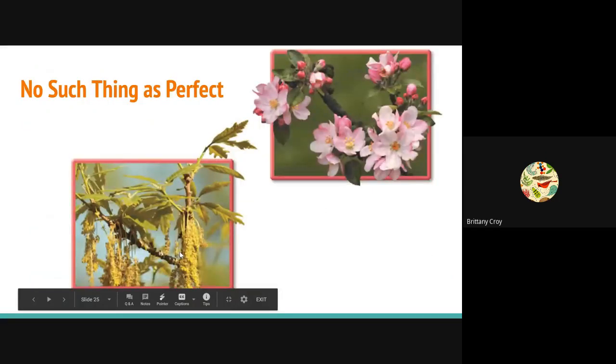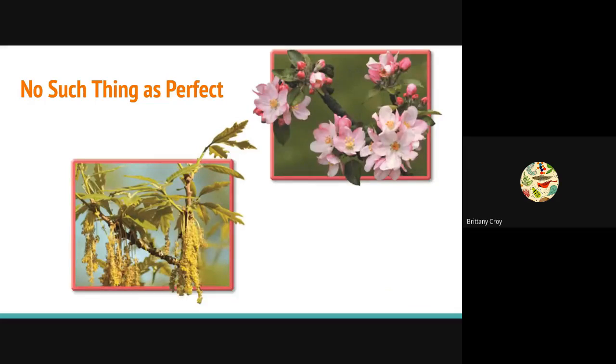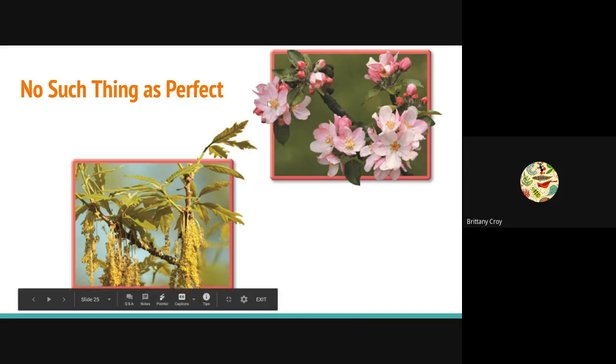I want to stress the idea that natural selection does not create perfect organisms. It only creates organisms that are best suited to their environment, like we were just talking about with the rabbits. Or here's an example with flowers and how they are pollinated. This would be a flower where a bee would drink nectar and then carry pollen away.